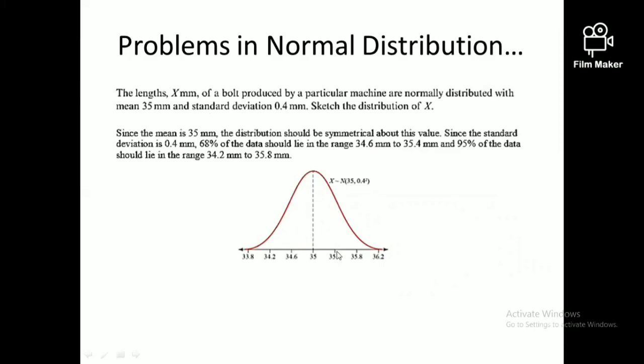In this area there would be 68% of the information. For two standard deviations, that is 35 plus 0.4 times 2, which is 35.8, and 35 minus 0.8, which is 34.2. Here the area must be 95%. For three standard deviations on the positive and negative sides, 99% or sometimes more than 99% will be distributed here. That is the rough sketch of drawing the normal distribution for the given information, right?